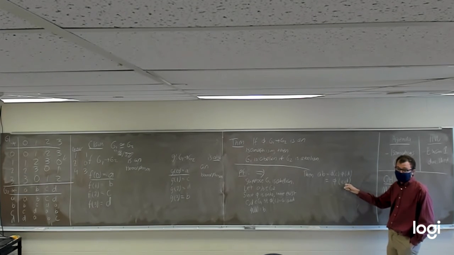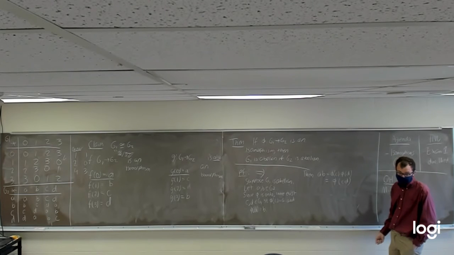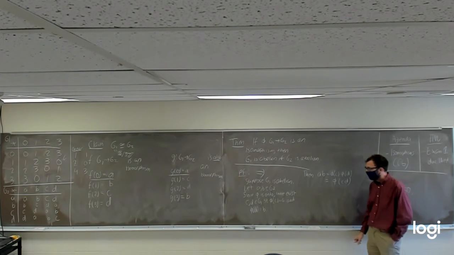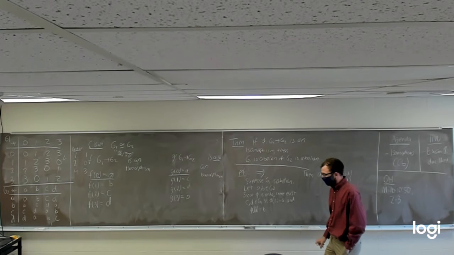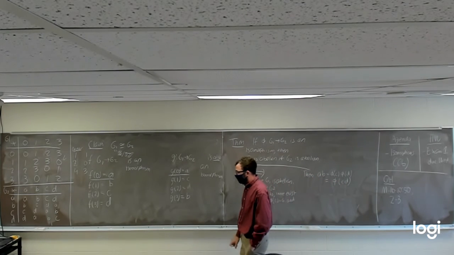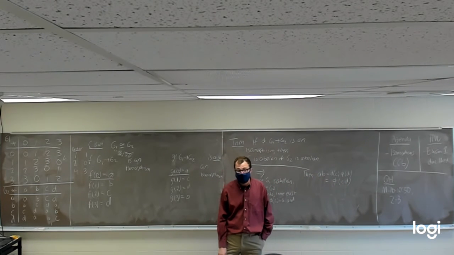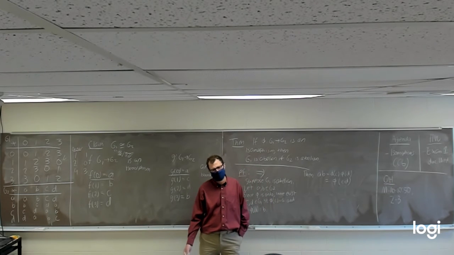Here we're using the group operation from G1. I'm just being lazy and not writing out the different symbols for it, because typically in math, you don't write out the operations for an arbitrary group like this, unless there's a strong need to do so, which I don't think there is here.